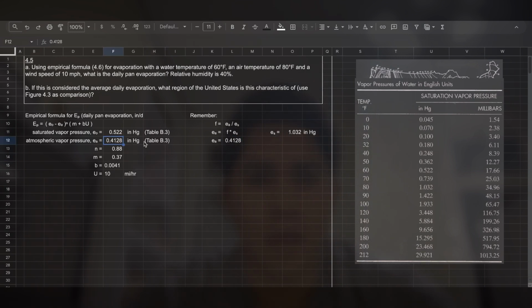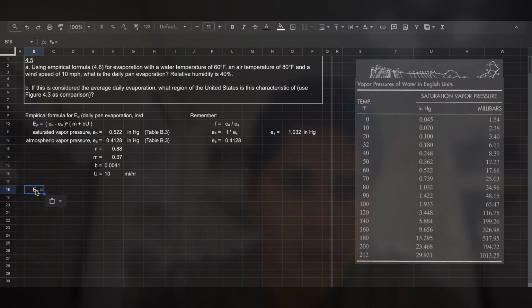Okay, the vapor pressure, let me double check it, that's correct. 4128. Yep.